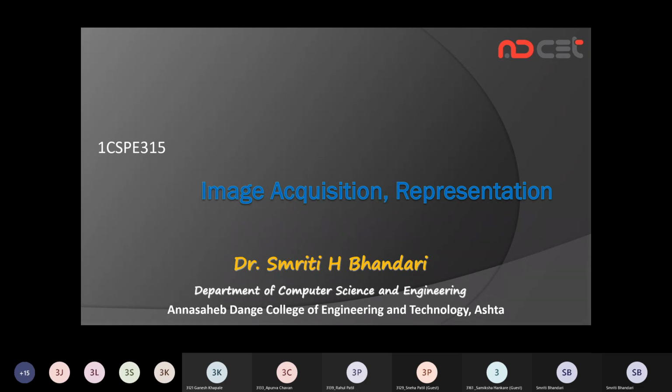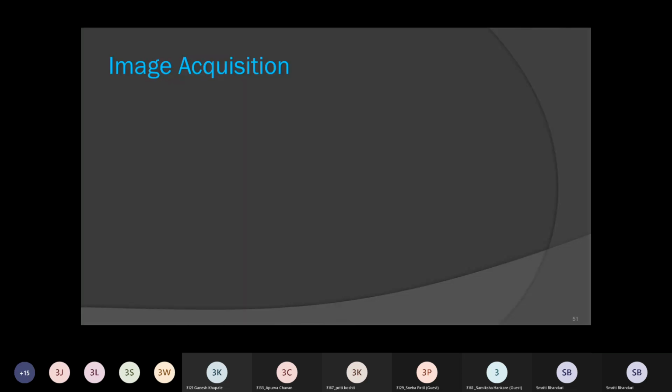So we have seen earlier that there are several steps that we need to follow whenever we build any digital image processing application. And the very first step is image acquisition. So what is image acquisition actually?